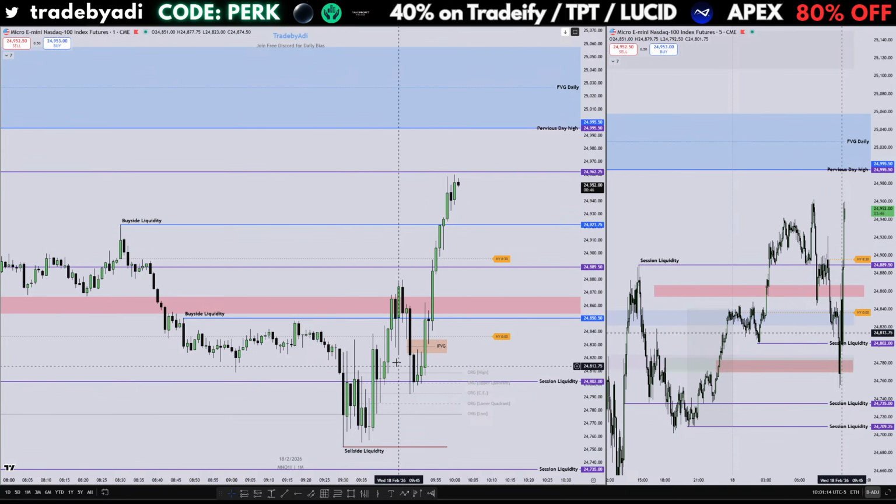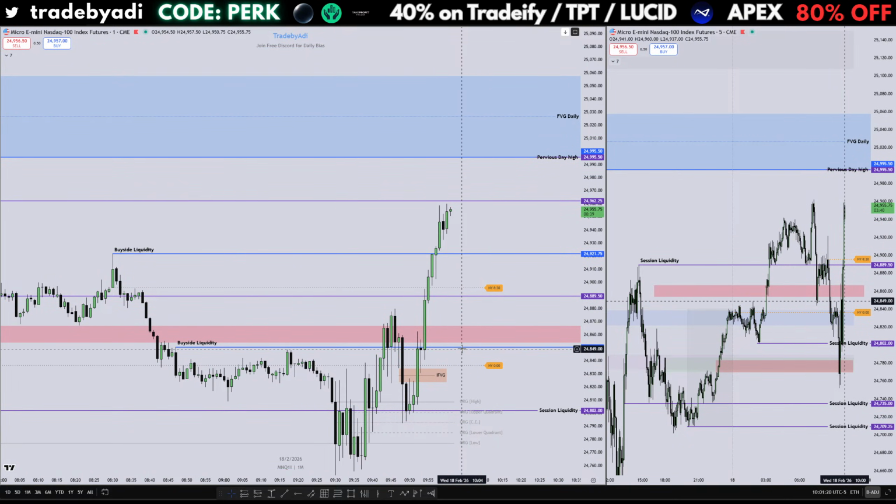No, this was the stop run, and once we flip this gap, it was literally telling us we are going to go up.